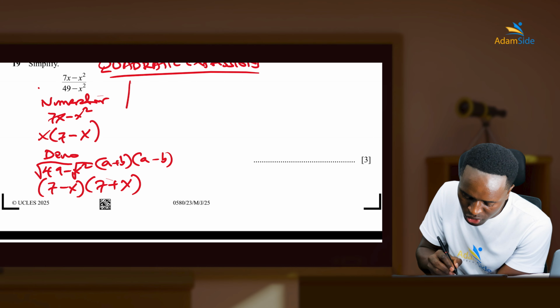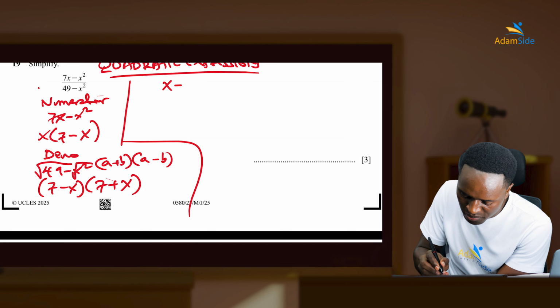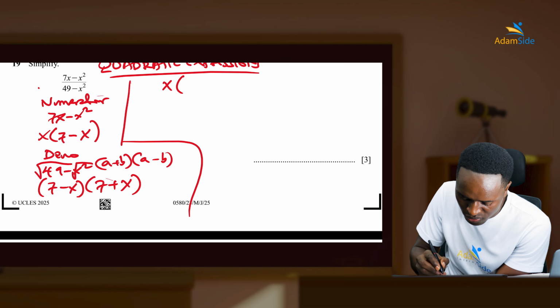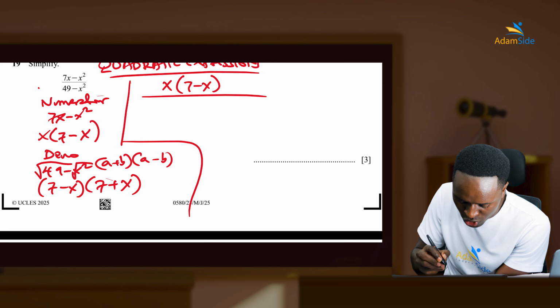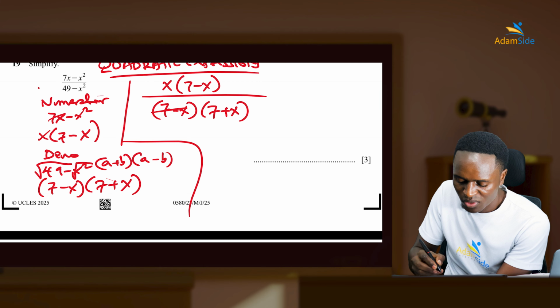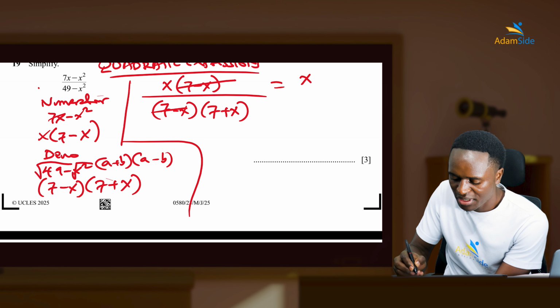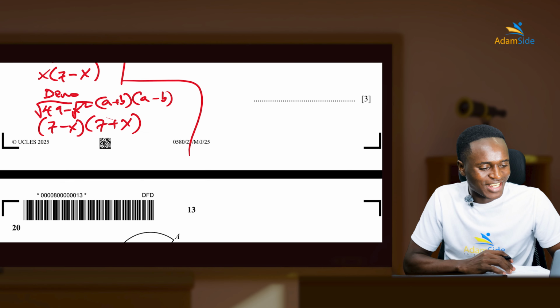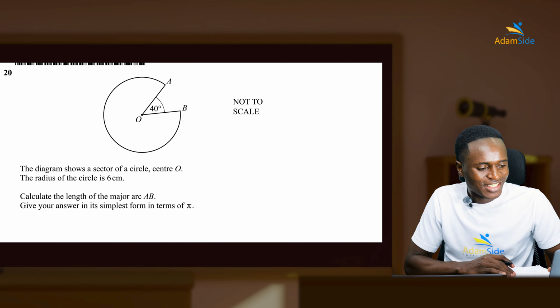So in the numerator you have x into 7 minus x, divided by, at the bottom, 7 minus x and then 7 plus x. Therefore, you can cancel this one by that. Therefore, your answer will be x over 7 plus x. Wow, that's the answer for our question.